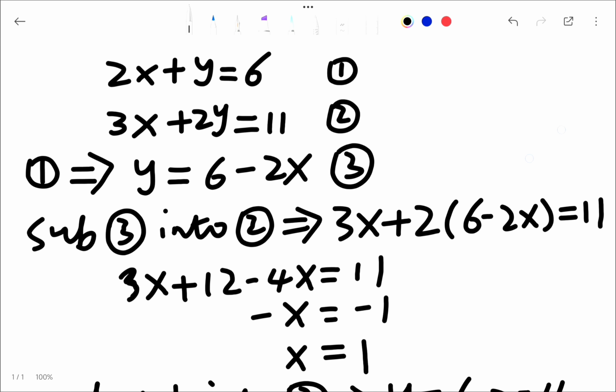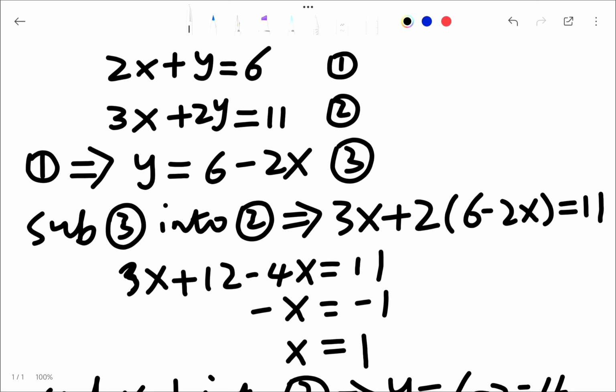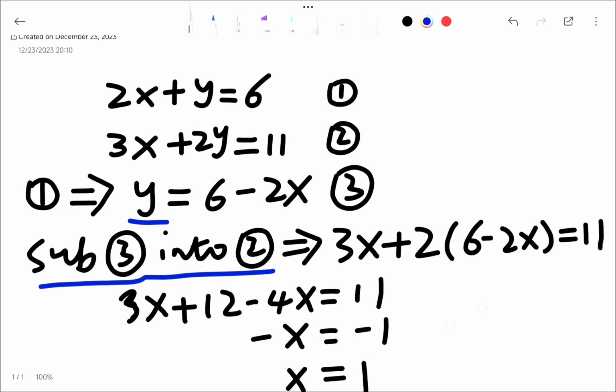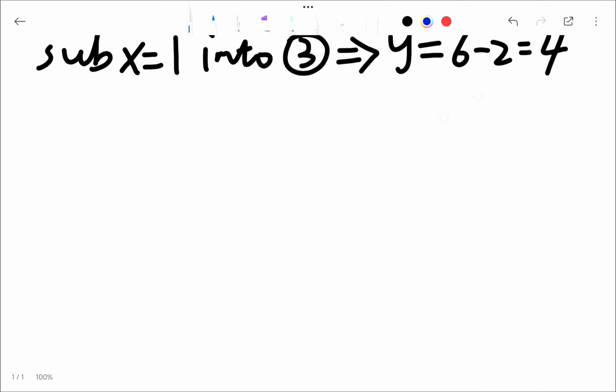As you can see, all we did was make one variable the subject and then substitute that variable into the other equation and find out the value of the other variable. And then we can substitute that value to find out the value of the variable that was eliminated. I'm going to show you another example.